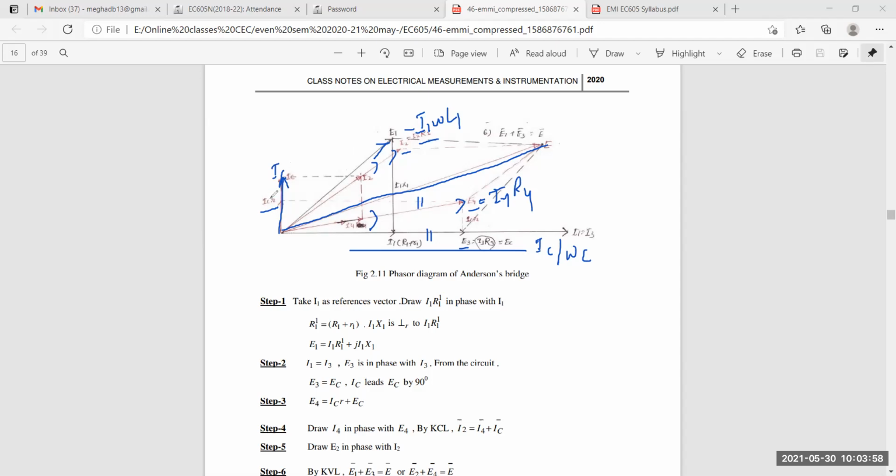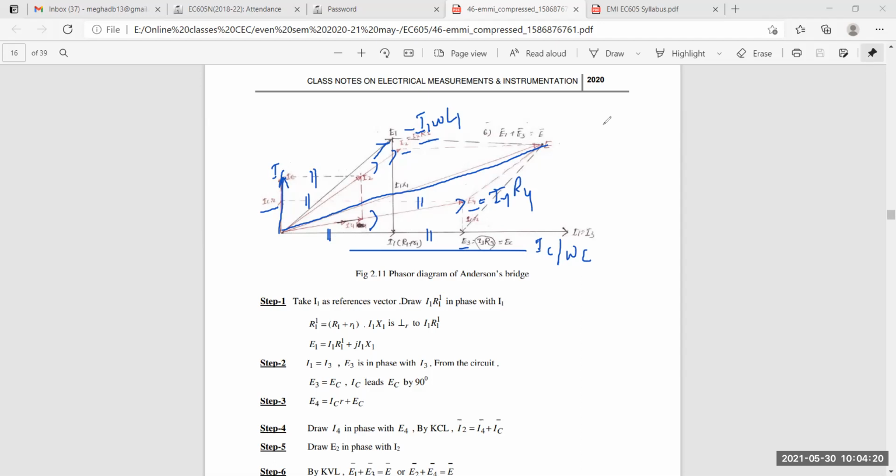So this dotted line has again been drawn parallel to this line, and this line has been connected directly with E4, because this I_C is connected on that particular arm, where the voltage is E4.